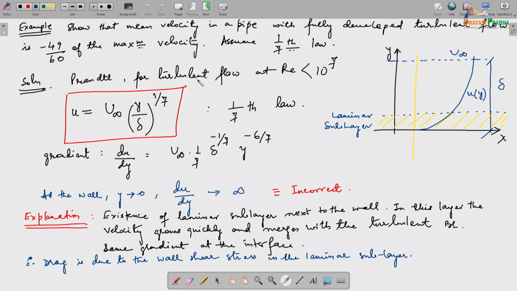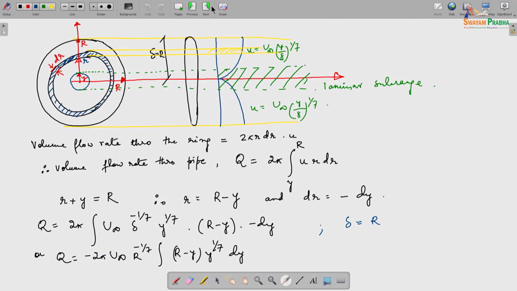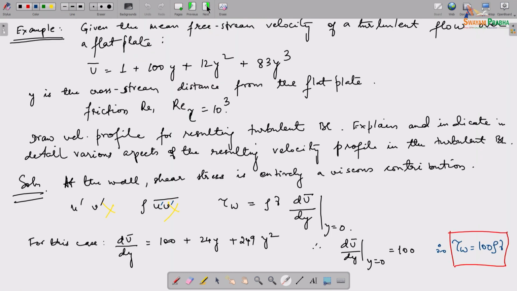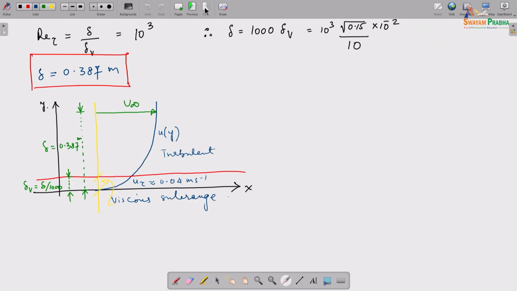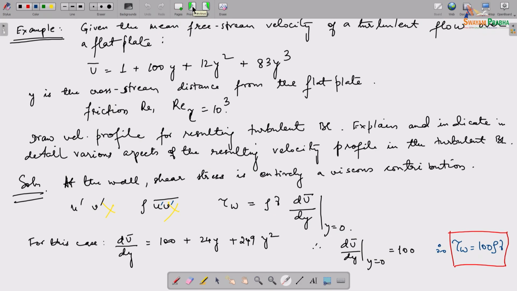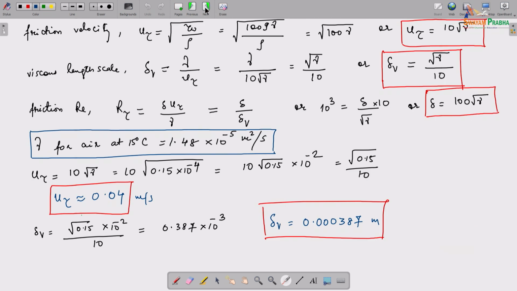So using this 1/7 law, one could actually use Prandtl's 1/7 law here in the turbulent zone, and so that could be the curve. So for the given velocity profile, we were able to find out the resulting turbulent boundary layers, and that's what we are doing right now.